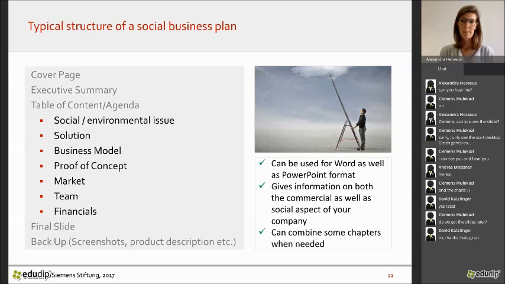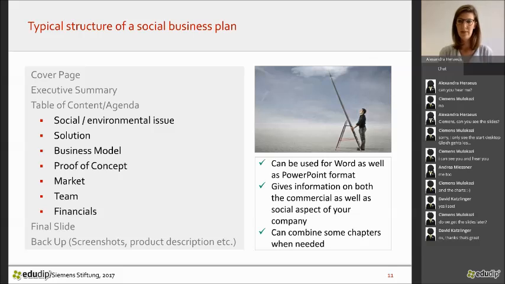So if you are able to put down a figure of the number of people that you're addressing, the number of hectares that you're able to green up, or anything that can be measured, or that you achieve with your business in terms of social impact, you can put in here, and it's very helpful if you put that also as a relevant part in your business plan, the social aims that you're following and the solutions that you're providing for that.